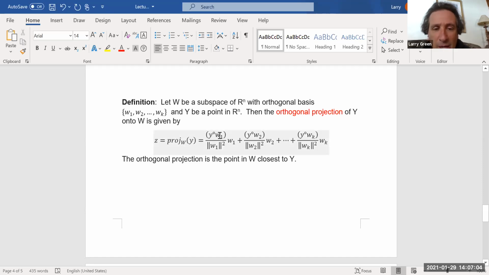Y dot W1 over the magnitude of W1 squared times W1, plus Y dot W2 over the magnitude of W2 squared times W2, plus dot dot dot, plus Y dot WK over the magnitude of WK squared times WK. Any questions on the formula?